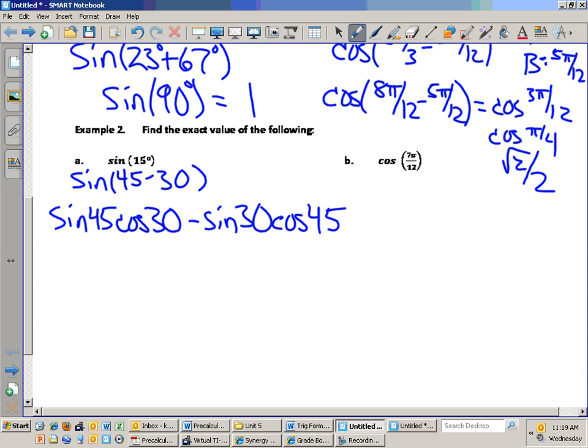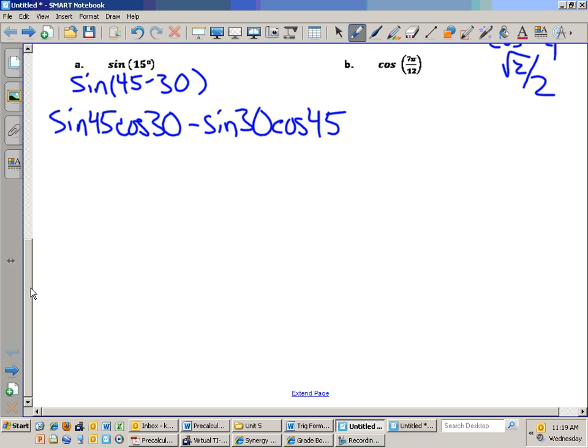I can transpose this difference formula to this. Yes, no? So what's the sine of 45? 45 in radians is pi over 4. Well, what is the sine of 45? Square root 2 over 2 times, what's the cosine of 30?